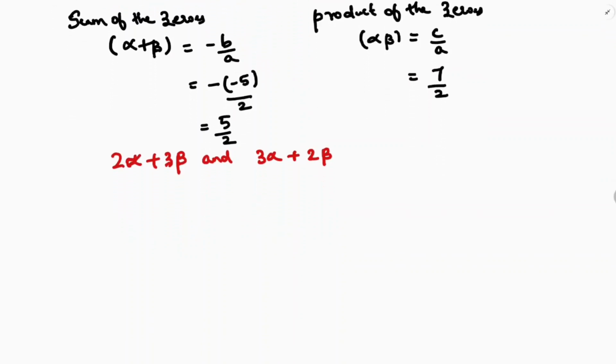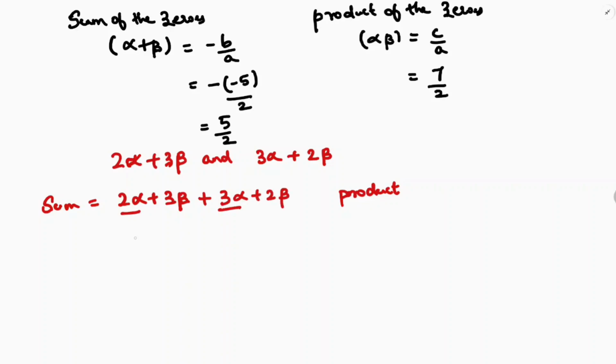So for this I'll find the sum of the zeros and I'll find the product. I'll calculate the sum and product, then I'll use the quadratic polynomial formula, and I'll get it. The sum is 2 alpha plus 3 beta plus 3 alpha plus 2 beta.